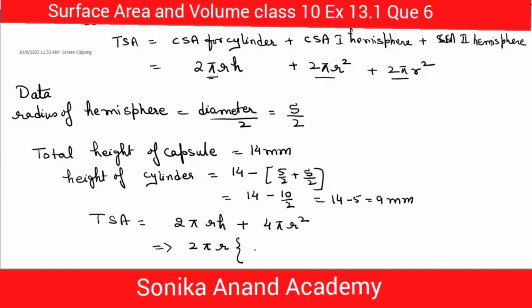Okay, that is h plus 2r. Now 2 into 22 upon 7. For the radius I have 5 by 2. For the height 9. 2 into 5 by 2.